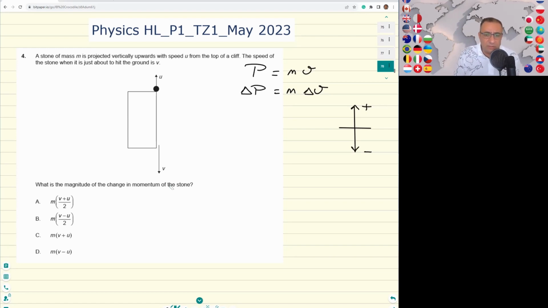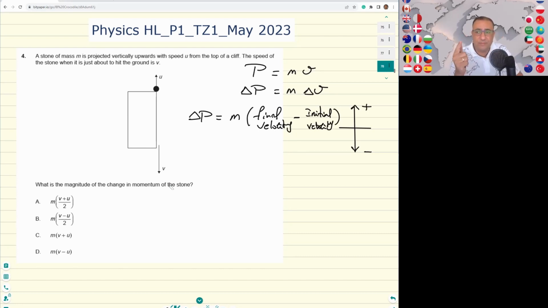So now let's continue. The change in momentum, delta P, is going to be m multiplied by the final velocity minus the initial velocity. I'm saying delta v, the change in velocity, final minus initial. Now remember, velocity has two components, direction and magnitude. The speed again is only the magnitude of the velocity.